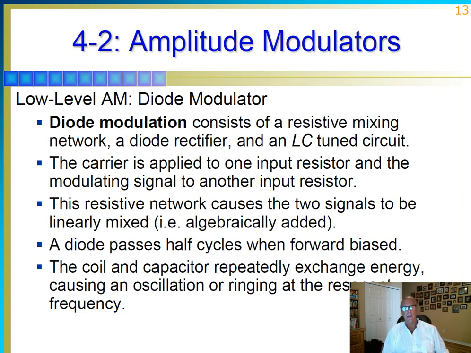Now the carrier is applied to one resistor and the modulating signal to the other resistor. That's the summing circuit, all right? So they're mixed. The diode does the square law function, which is essentially a rectification, and then the coil and capacitor repeatedly exchange energy. That's the concept of a tank circuit. And we filter out all the intermodulation products.